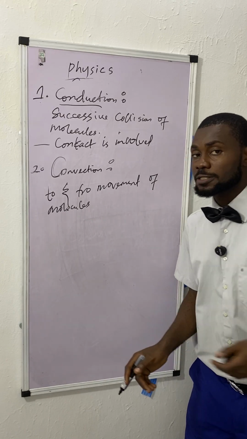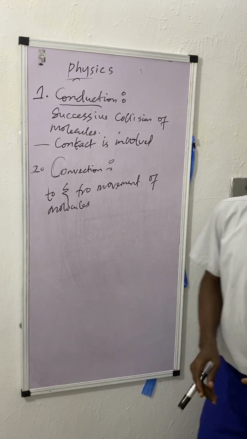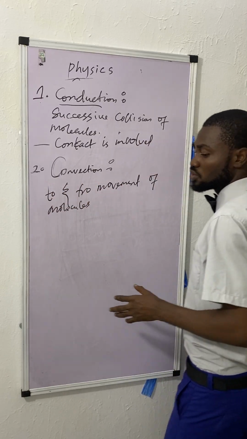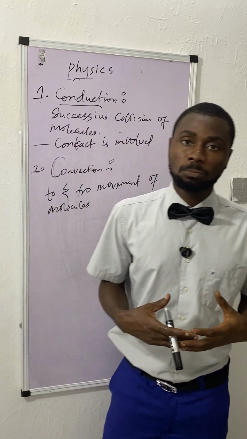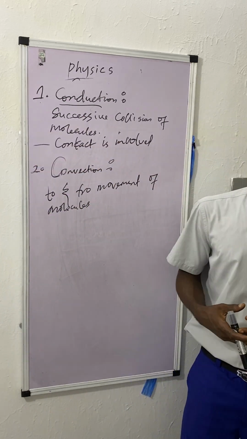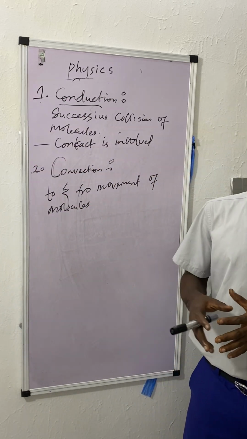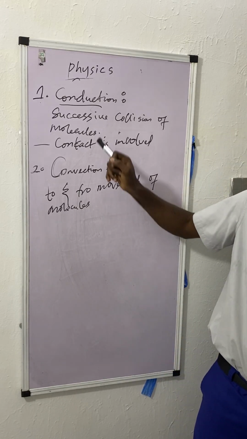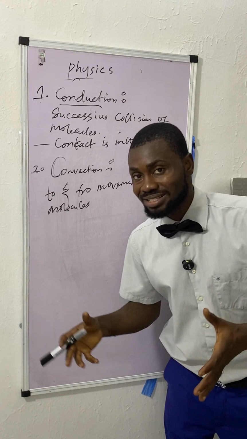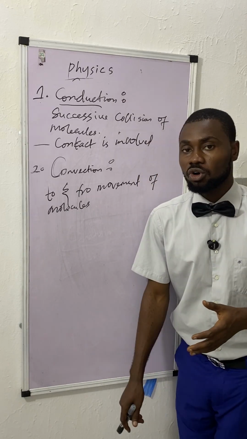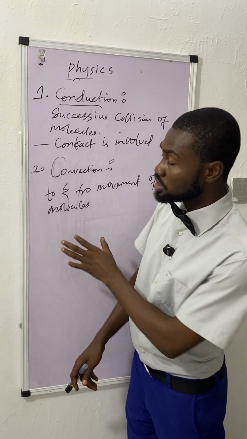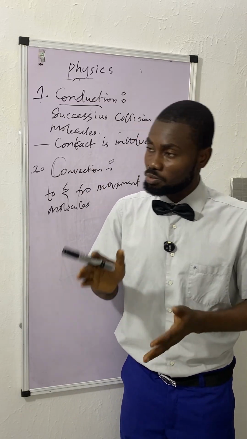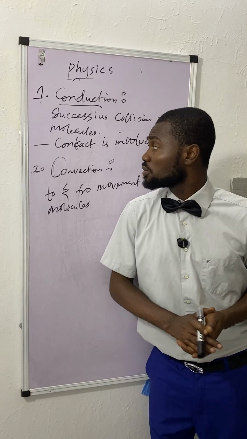For example, you are attempting to transfer heat. Maybe someone's body is hot, the person is running a temperature, and you want to bring down the temperature a little. You can use conduction, which involves contact. So you bring an object that is a little bit cold, maybe an ice block or a cold towel, and place it on the patient to help regulate the temperature.